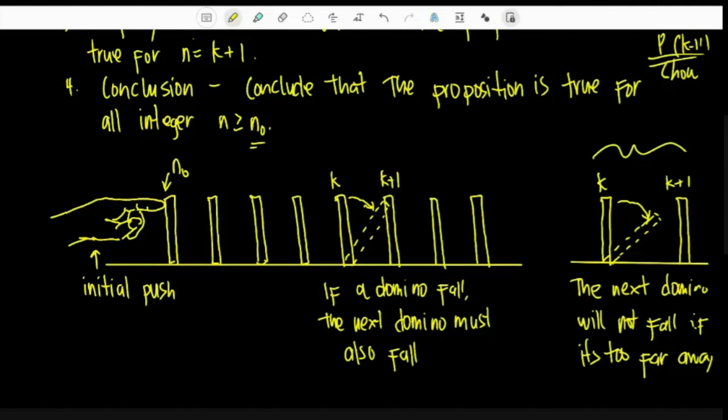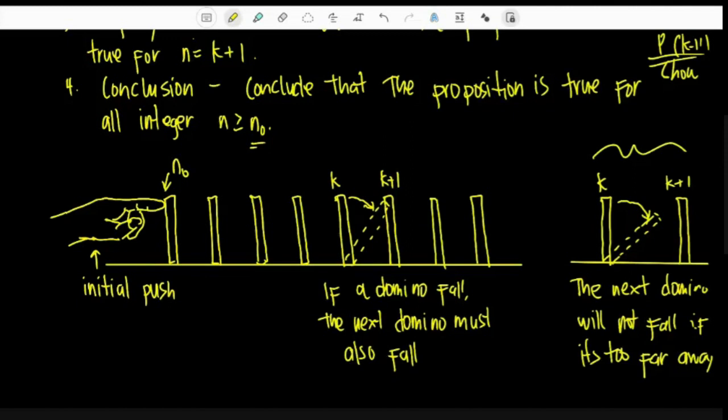So you always have to remember the two important steps of our induction. First, you need a basis for induction, or that's your starting point. You just have to show that this particular proposition is true for this fixed integer. And then you assume that for any integer greater than the initial value n sub 0, the proposition is true for any arbitrary k.